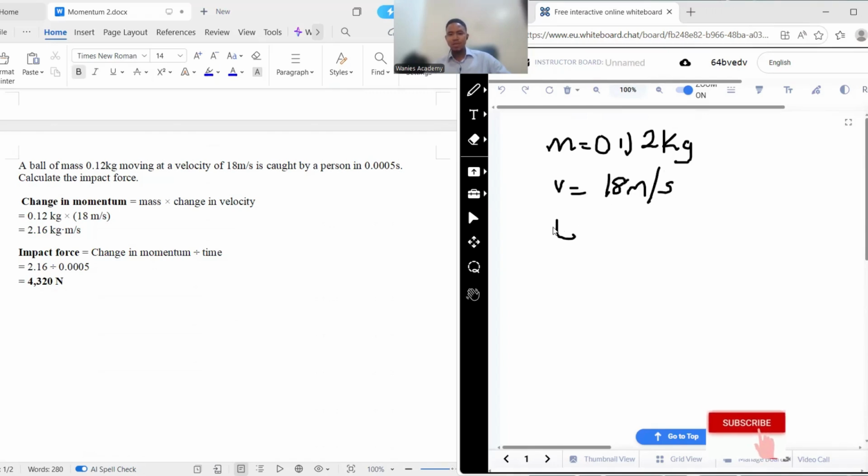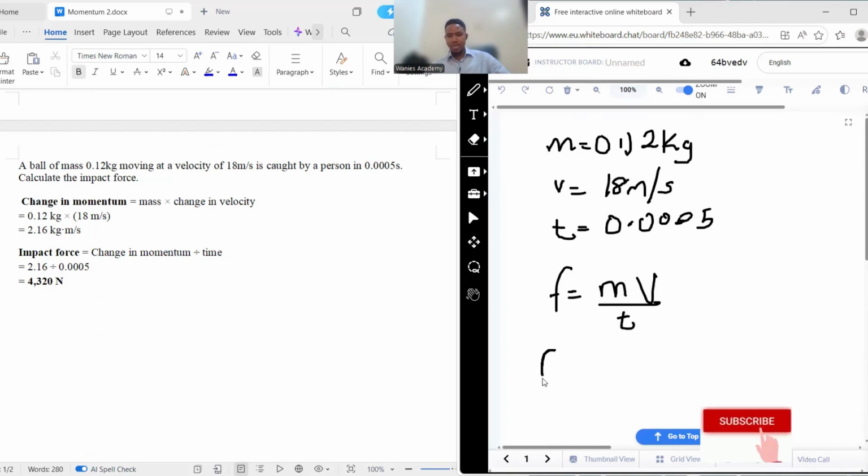And the time taken for this to occur is 0.005. So we can substitute all these into the equation. Remember that the impact force equals mv over t.